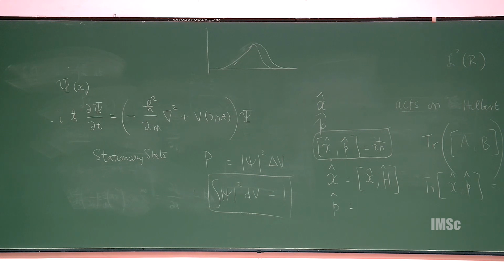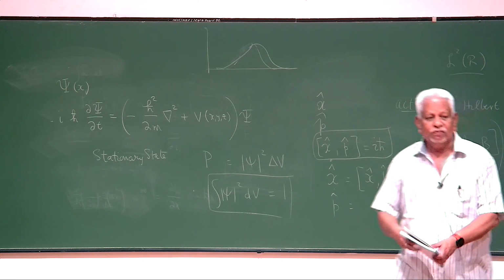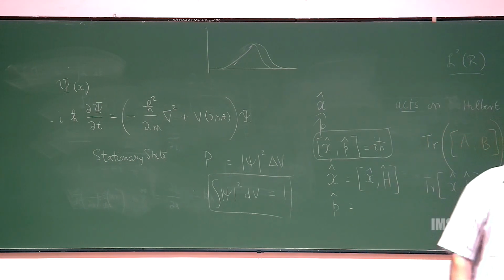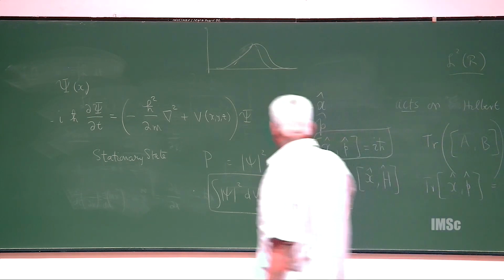Now those functions which you have here form a vector space, and the vector space is infinite dimensional. That is all that is required. So in that infinite dimensional vector space, the operators x hat and p hat are there. I am going to erase these things.